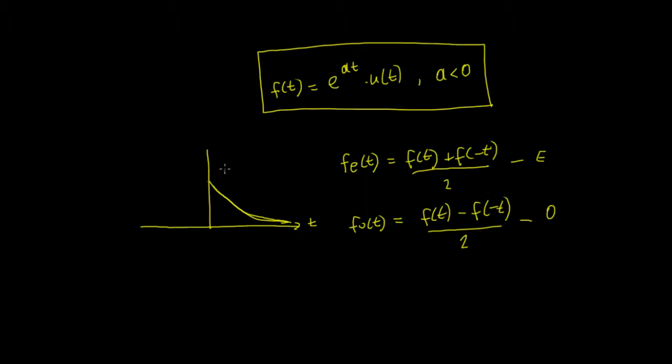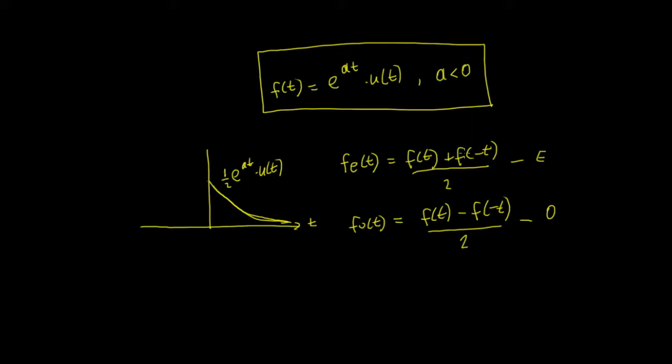So this function here is a half e to the at times u of t. And then f of minus t. Again, e to the at would look like this, but now it's going to be e to the minus at.